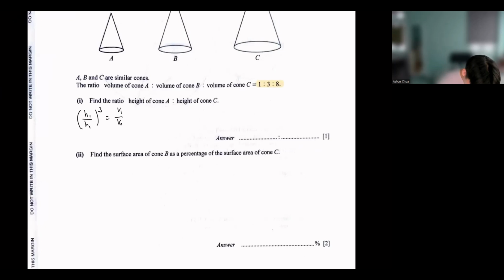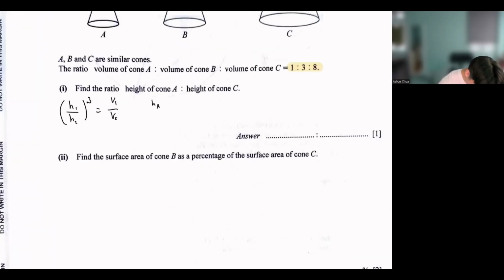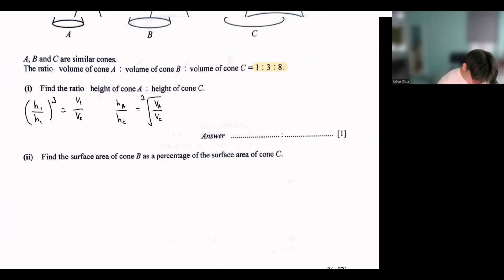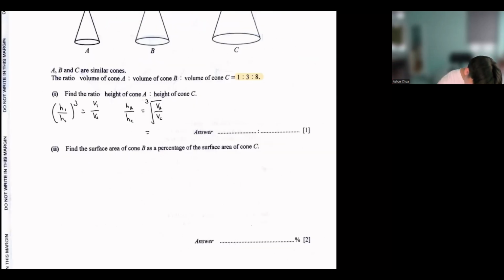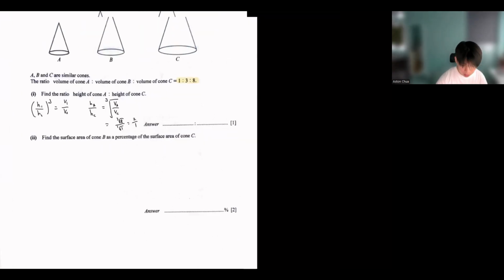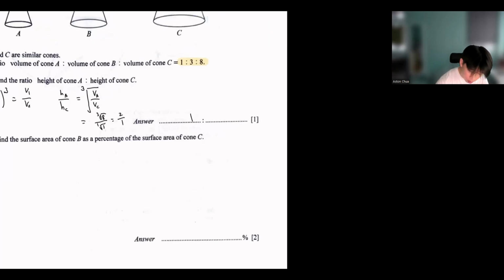So HA over HC equals VA over VC. You want to cube root the entire thing, which is simply cube root 1 over cube root 8, which is 1 over 2. So our answer is 1:2.